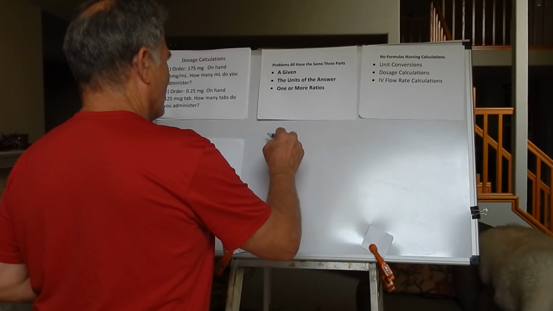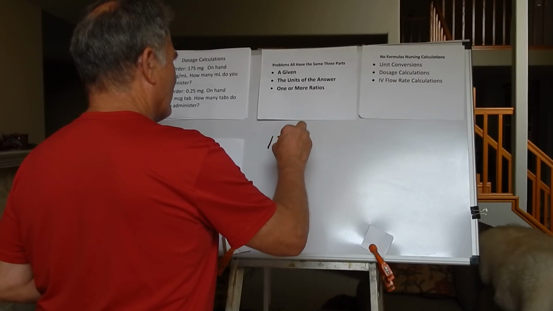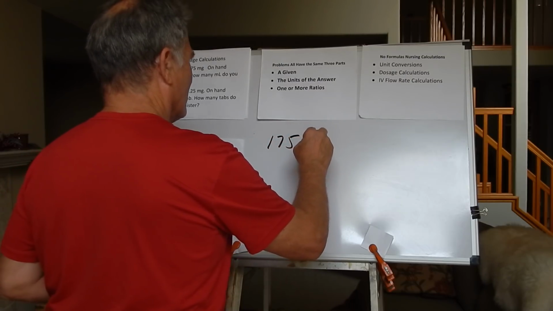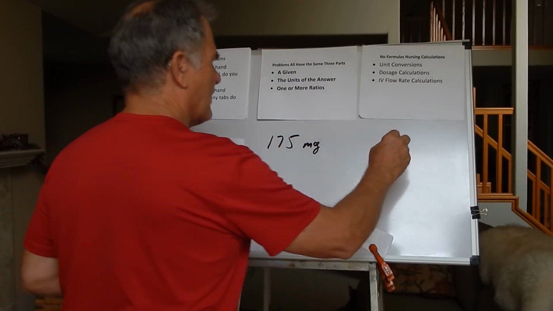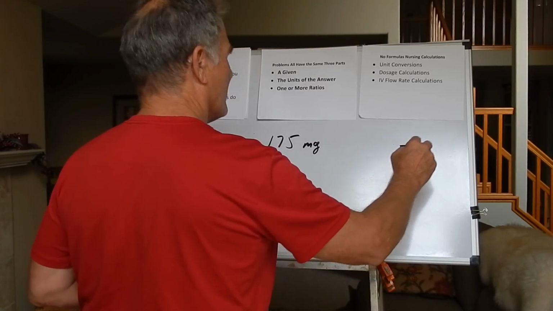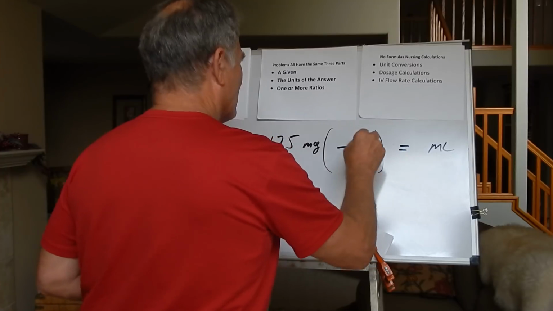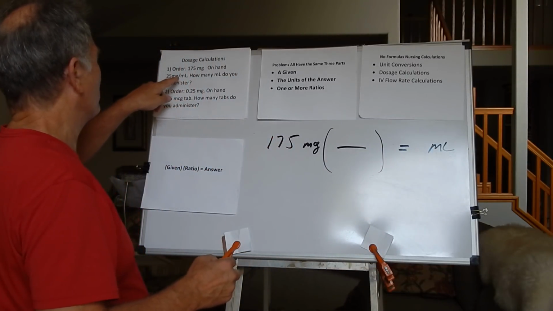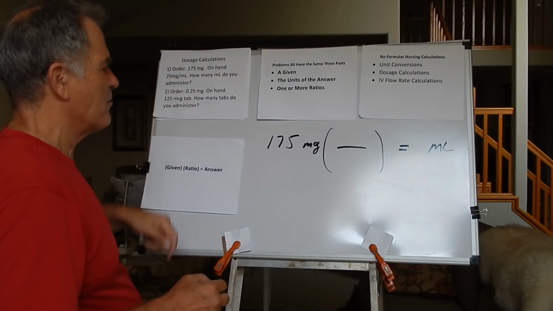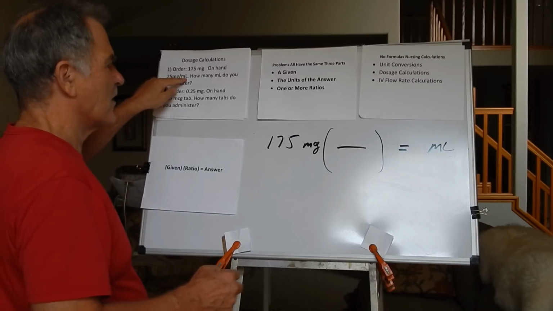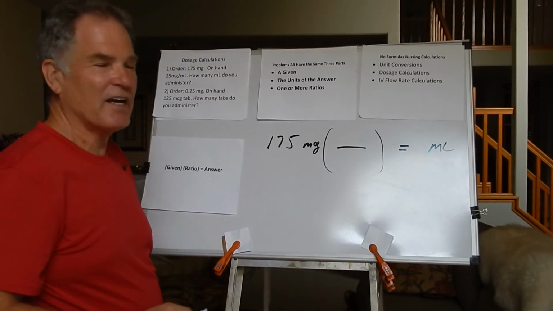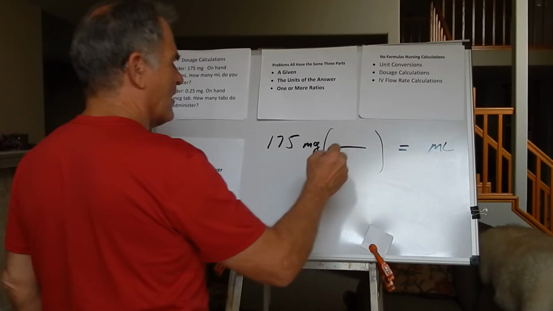So we have 175 milligrams, and we want to end up with mL. The ratio of milligrams to mL is 25 milligrams per mL. We need mL on top because we have to end up with that, and milligrams on the bottom.